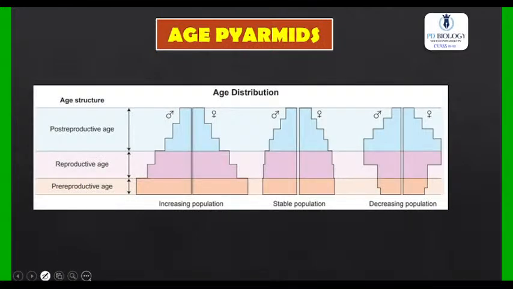Now the age pyramid. So a population has three ecological age groups.